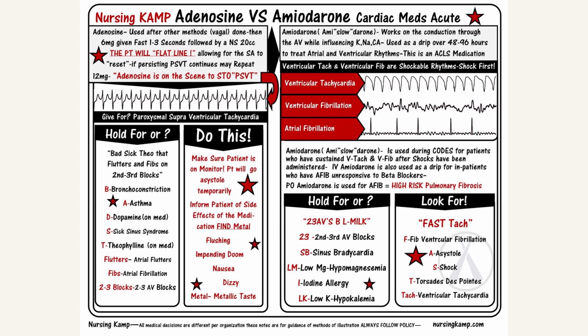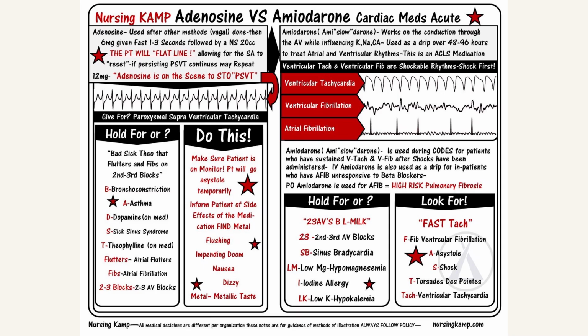It's temporary, but you would need to know that, and I need them to be on cardiac monitoring, okay? So first we would try to have them vagal down, which like I said is holding your breath, cough, bear down, whatever. And if that didn't work, then they can give them adenosine. Those are some helpful little hints of adenosine is on the scene to stop SVT, of how to remember that.